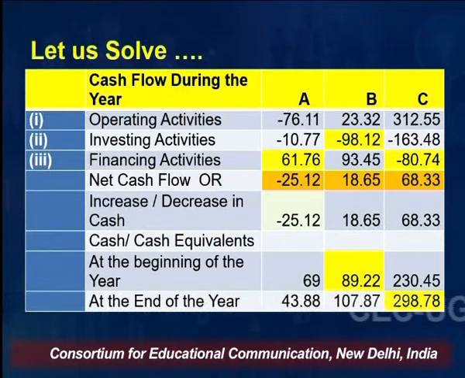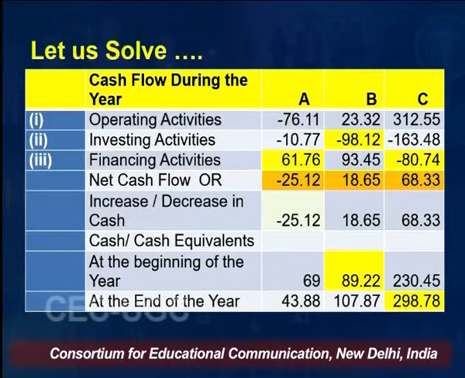If you calculate the difference, it comes to 25.12, which is the difference between 69 and 43.88. So the simple subtraction of the closing balance of cash and cash equivalents from the opening one gave me the value of increase or decrease in cash. That value I have written here, minus 25.12.